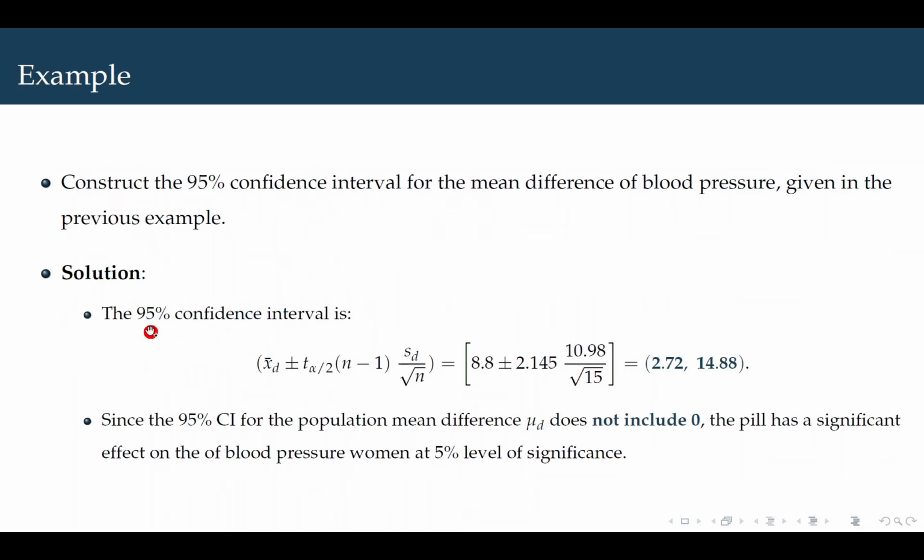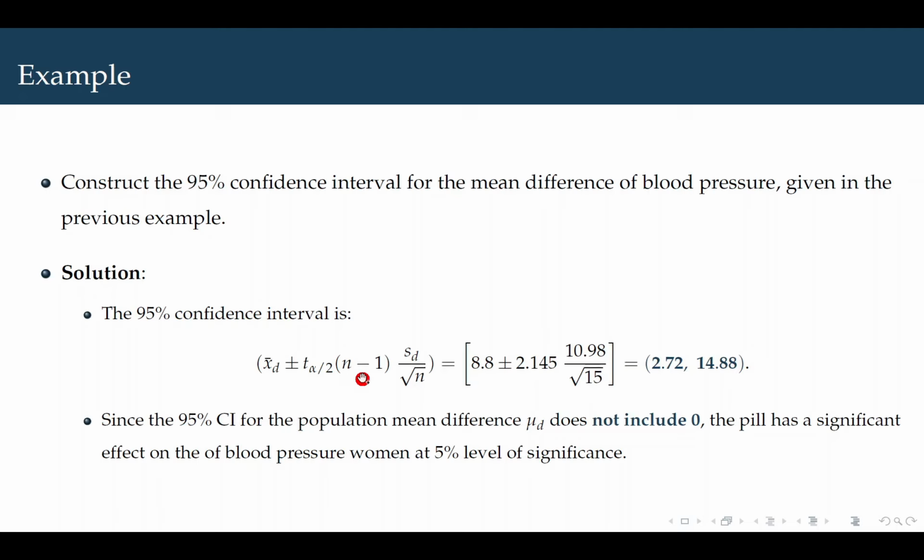Then the 95% confidence interval for the population mean difference of blood pressure among the women is obtained as the sample mean of the differences plus or minus t alpha over 2 with n minus 1 degrees of freedom.